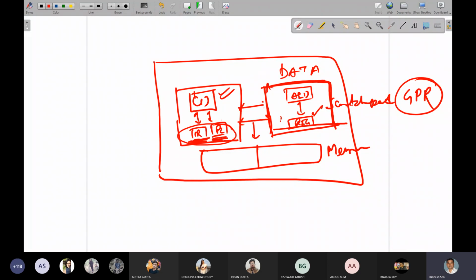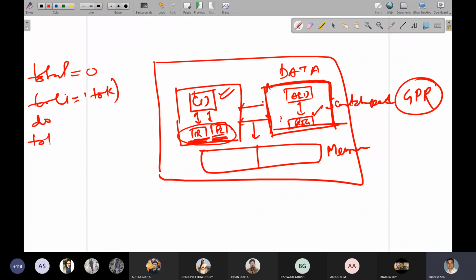Any idea, any objection? Or can I proceed? Suppose a program is there: total equal to 0. And I have written for i equal to 1 to k, I have to go. Then what do I have to do?